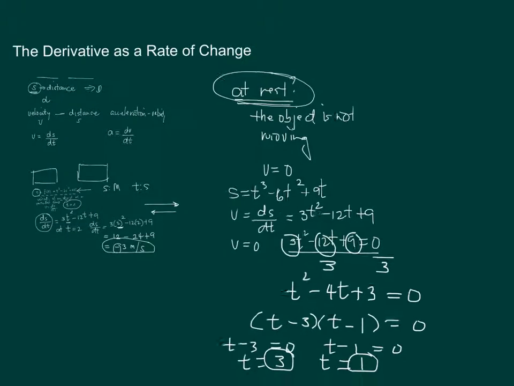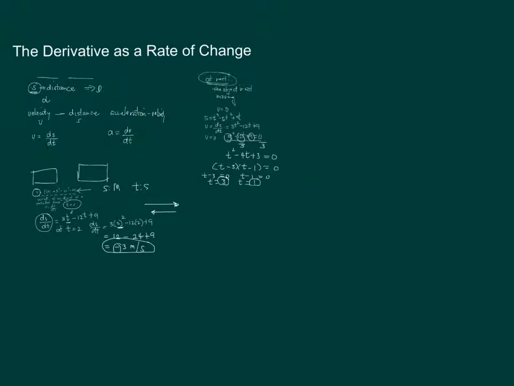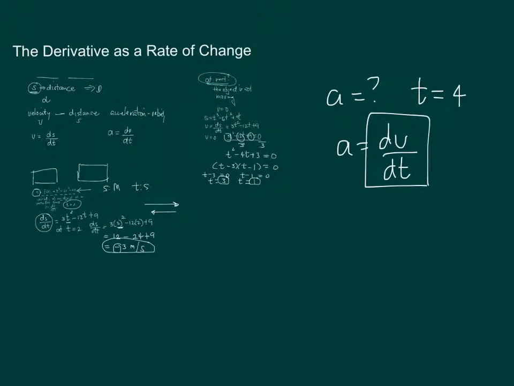Now let's take some examples on acceleration. Suppose I want you to find the acceleration a after 4 seconds, meaning t is equal to 4 seconds. If we know the relationship of acceleration and v, that acceleration is dv over dt, then all we have to do is to find dv over dt. We already have v, which is equal to 3t squared minus 12t plus 9.